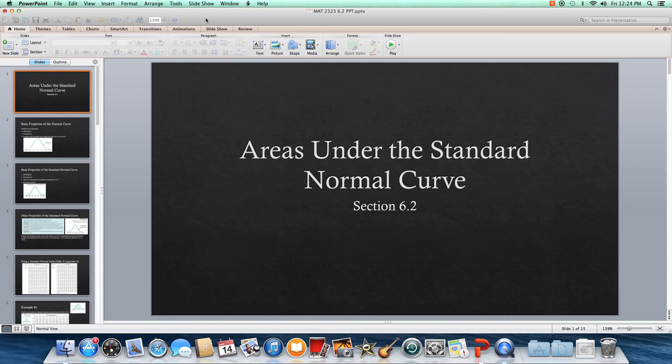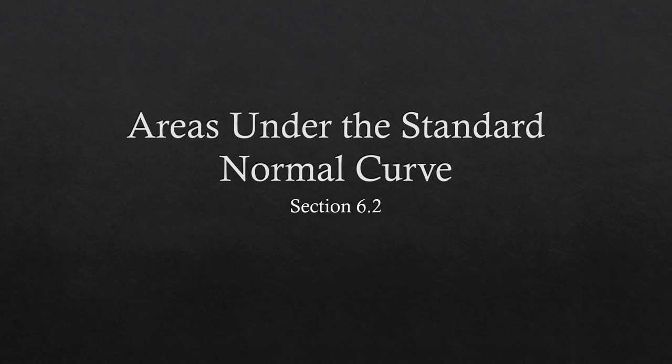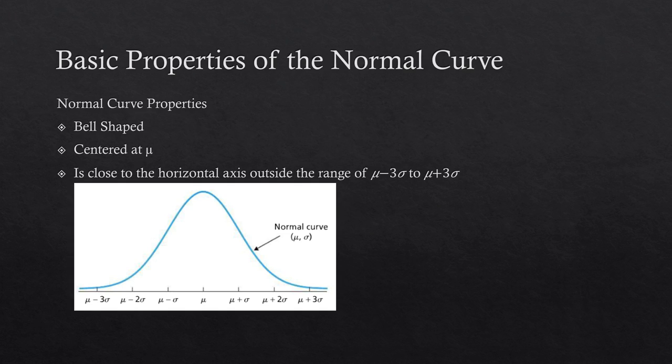Hello, everyone. What we're going to do today is look at areas under the standard normal curve, which we began to talk about in section 6.1, but we're going to dive into it a little further here in section 6.2. When we talked about the normal curve, these were our basic properties.